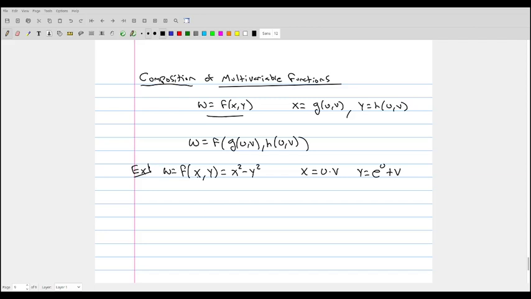So if w is equal to f of x y, then w, the composition as a function of u and v, is going to be u v squared minus e to the u plus v squared. This is how w depends on u and v in this compositional relationship.